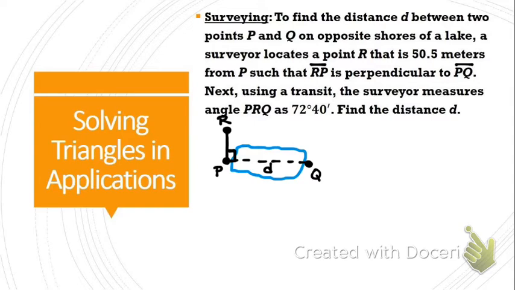The distance between P and R. Yes, the distance between P and R. We've got 50.5 meters. What does our surveyor do next? Yes. This angle R right up here, that is 72 degrees 40 minutes.